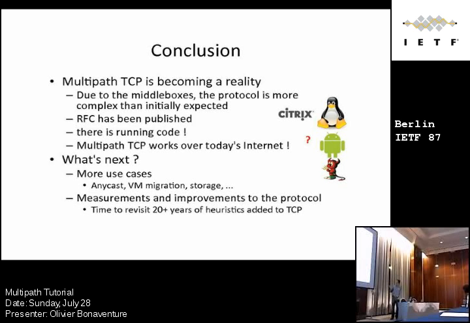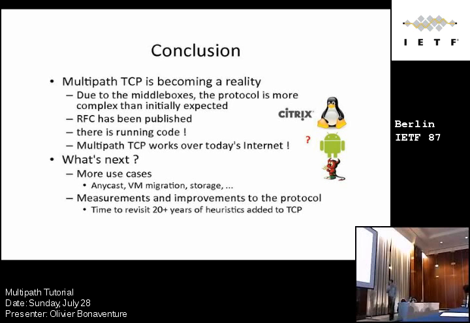There will be an interop test between FreeBSD and a Linux implementation this week, while we know that Citrix has tested with Linux, and the commercial OS has tested with Linux as well. So it works over the real internet, and you can use it today, at least if you are using Linux.